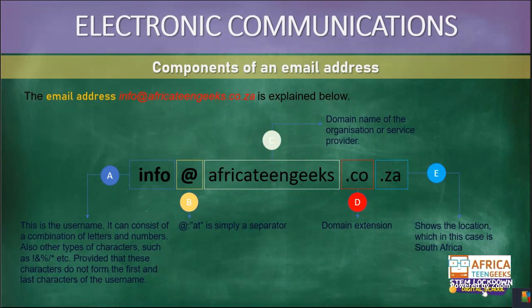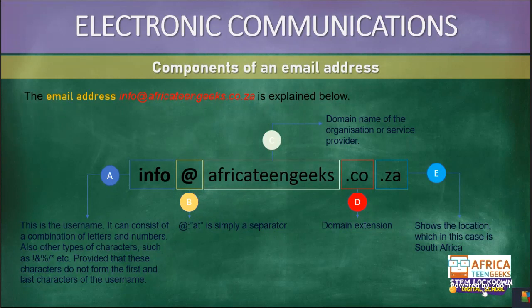Then we have the @ symbol, which is a separator, simply separating between the two parts of the email, which is the local part and the domain part, right? On the domain part, we have the domain name, which could be the name of the organization. So if, for instance, we are dealing with the Department of Basic Education, you will see you have DBE as the domain name for the email.